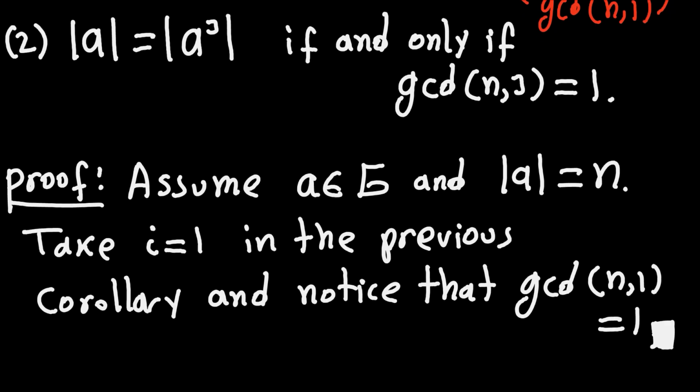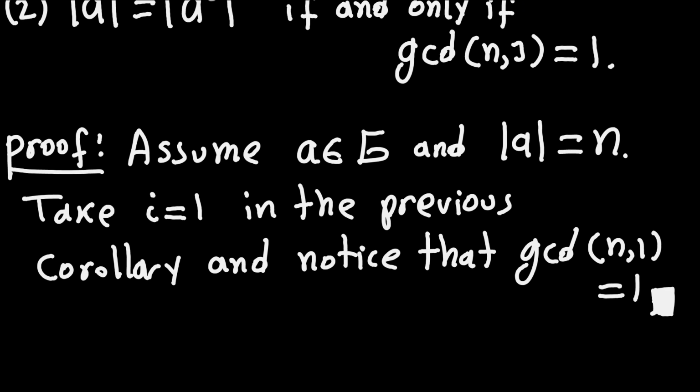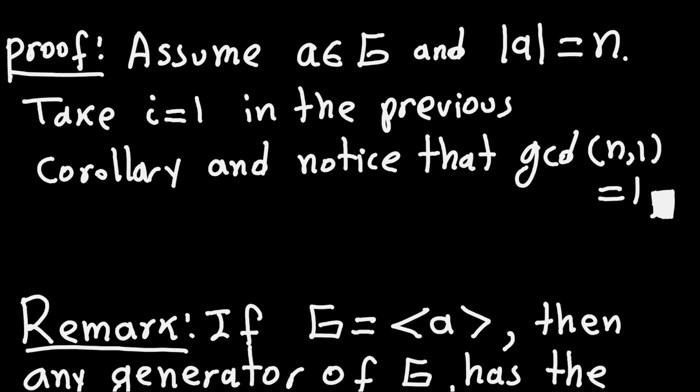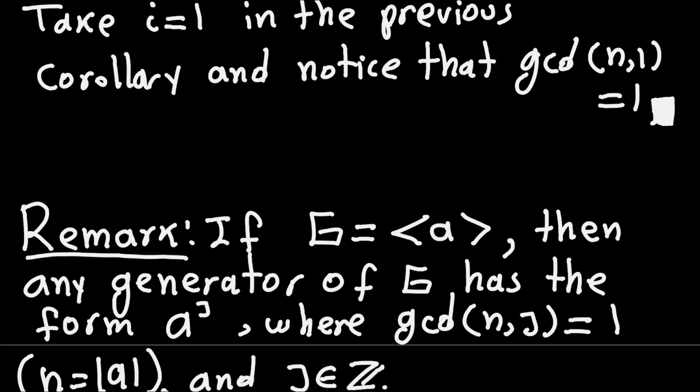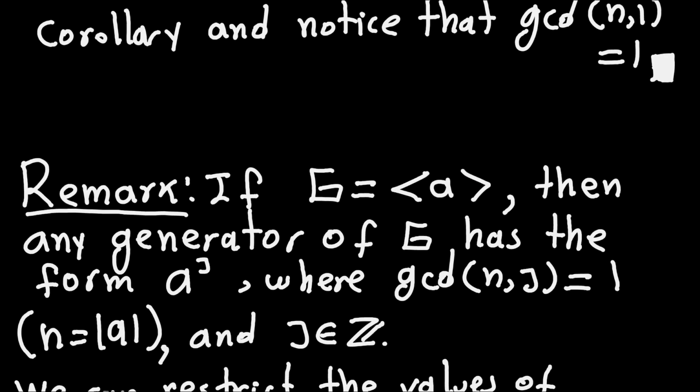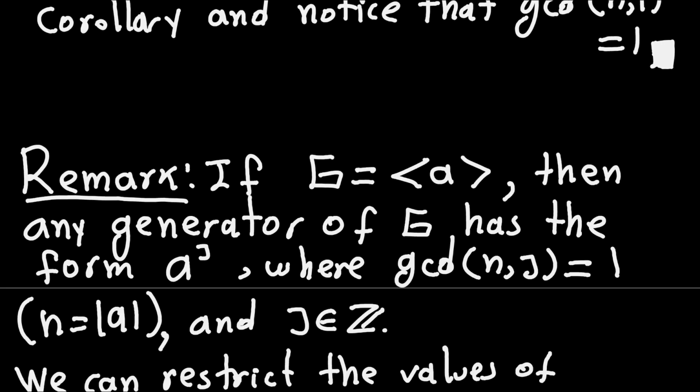So the proof of this one was actually very short. Why? Because we already prepared a lot of results before this one. Now, more importantly is this remark, which is going to use the corollary.